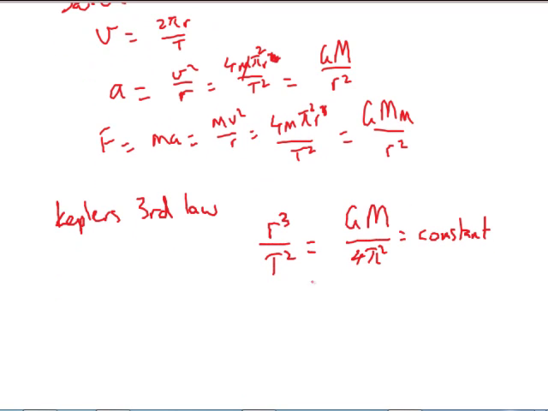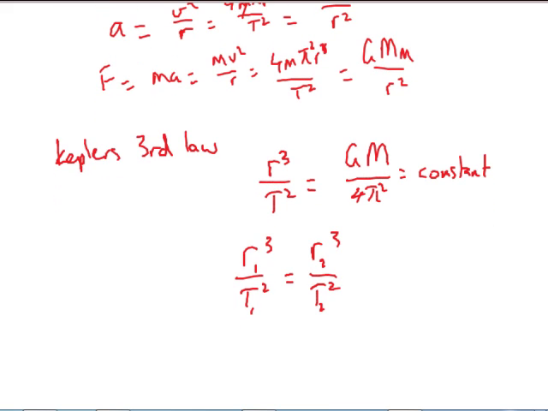Or you could write that as r1 cubed on T1 squared equals r2 cubed on T2 squared. That's a little bit of an extension, but it can come up, and they would expect you to come up with that equation on your own by rearranging the force equations. So having that there can save you time.